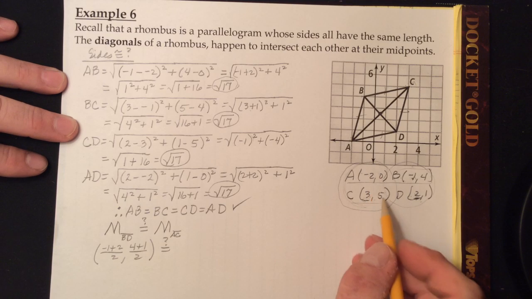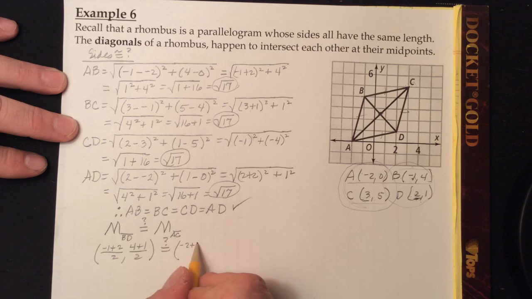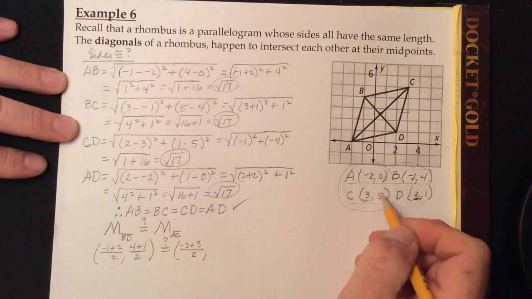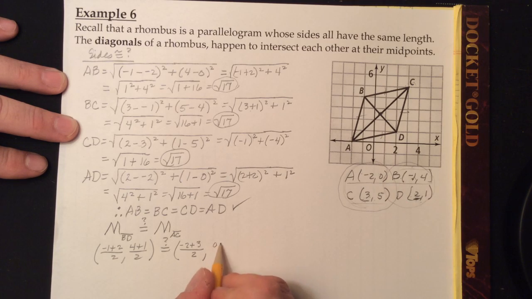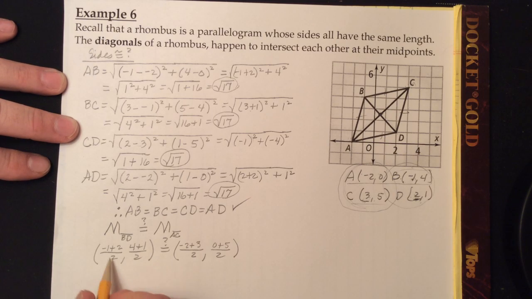Let's see if that equals the midpoint for AC. For AC, I'm going to start with the negative 2 first. We have negative 2 plus the x-coordinate of the other one's 3 over 2, comma, and then 0 plus 5 over 2. Let's see if these work out to be the same. Negative 1 plus 2 is positive 1/2. 4 plus 1 is 5 over 2.